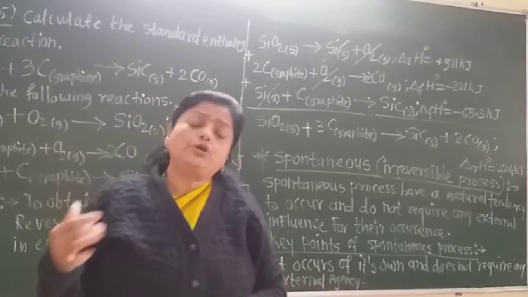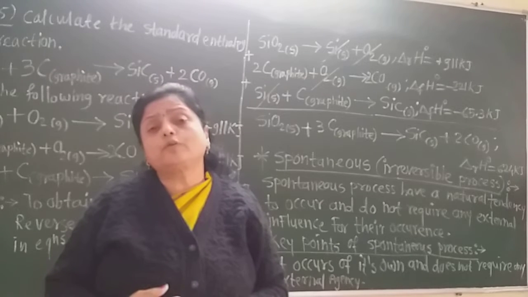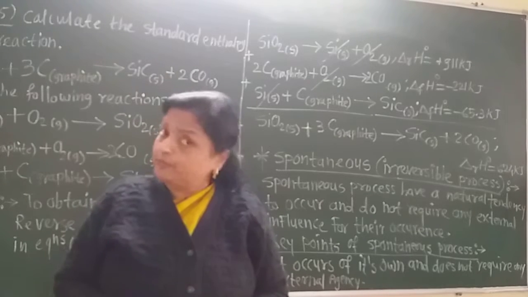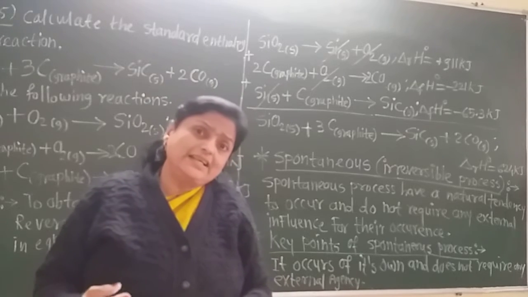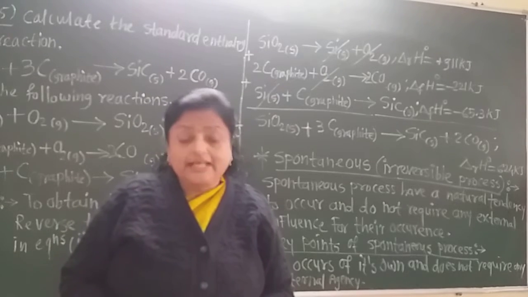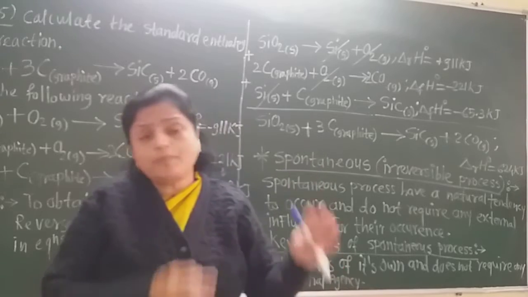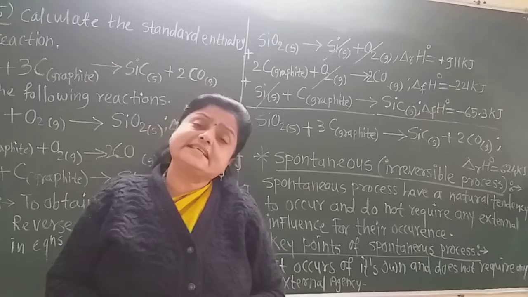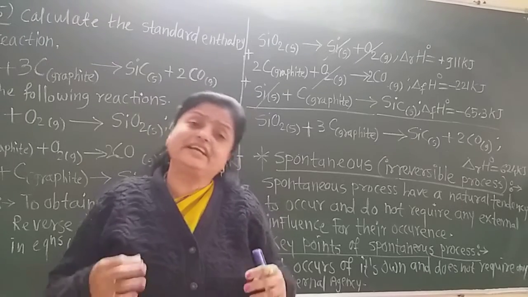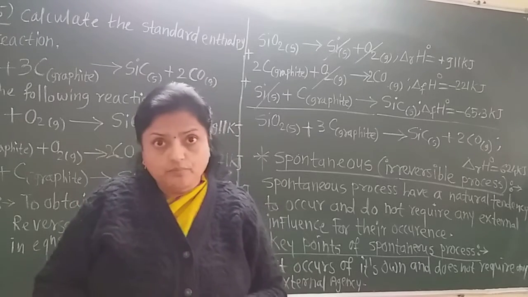At that time I told you that the irreversible process is only a unidirectional process, and it completes in one step. That means from the initial state to the final state it gets completed, and during completion of this reaction so much energy is removed from it.